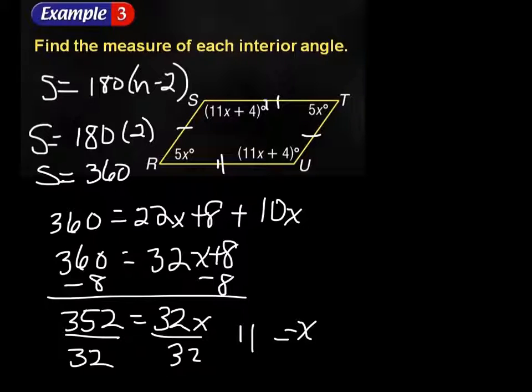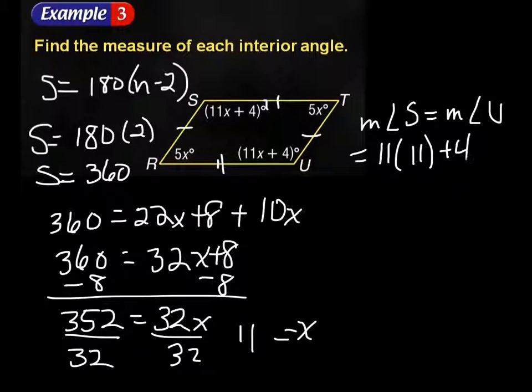And the question didn't say find x, it said find the measure of each interior angle. So the measure of angle S is going to equal the measure of angle U, because they're both 11x plus 4. If we substitute in the 11, 11 times 11 plus 4, 121 plus 4 is going to be 125.